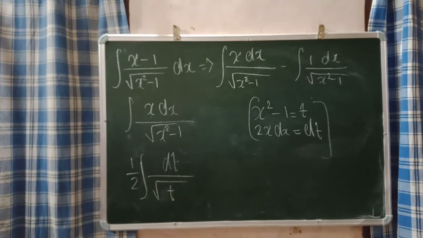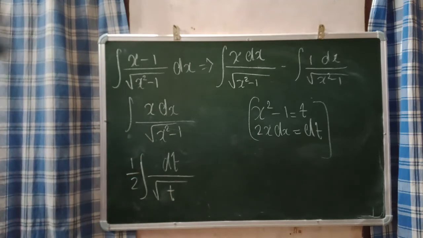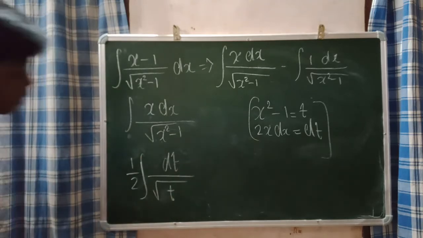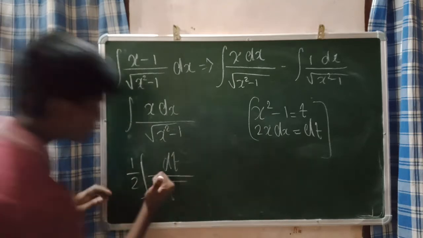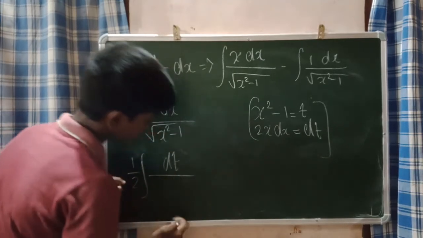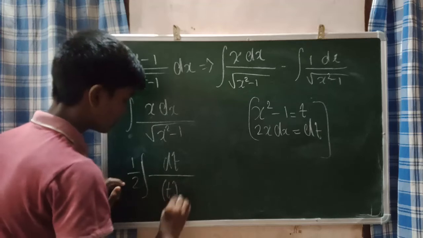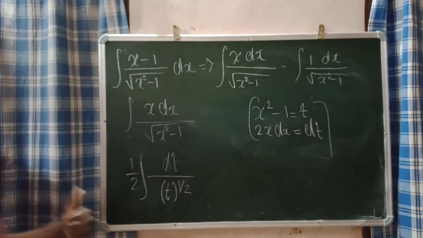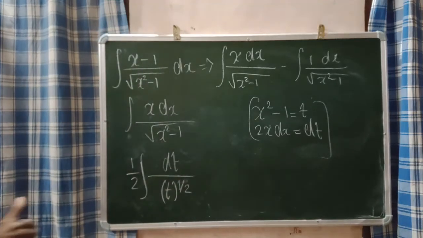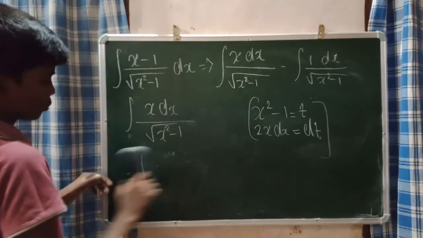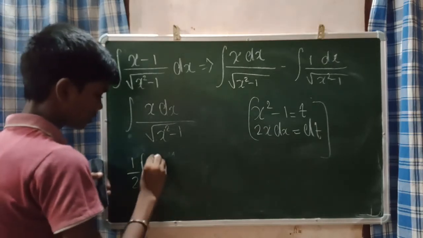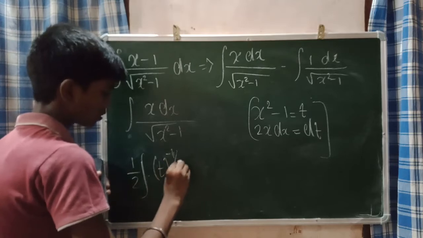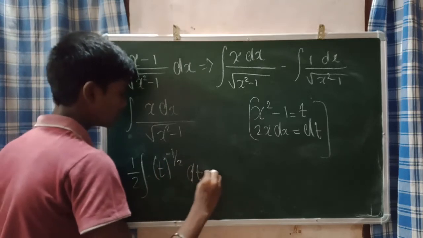Root of x square minus 1 is root of t, because I took t as x square minus 1. Now guys, what is root t? That is t power 1 by 2. Now when you take this t power 1 by 2 to the numerator, you will get t power minus 1 by 2 dt. Laws of exponents. Okay.